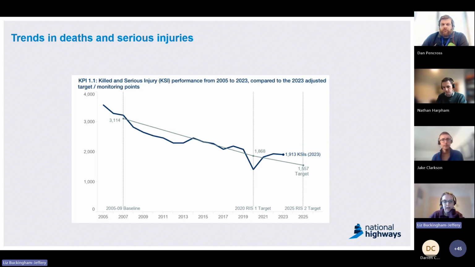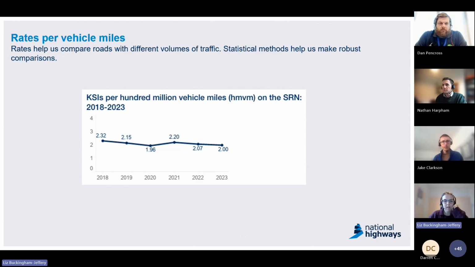So we also monitor the killed and seriously injured rate per vehicle mile, which looks a bit like this. So rates help us compare over time, or when we've got different roads with different traffic volumes. It helps us with fluctuating traffic volumes, but also dramatic changes in traffic volumes like we saw in 2020.